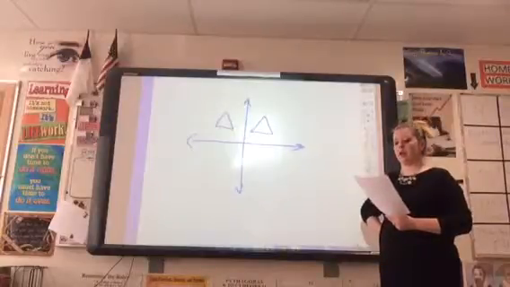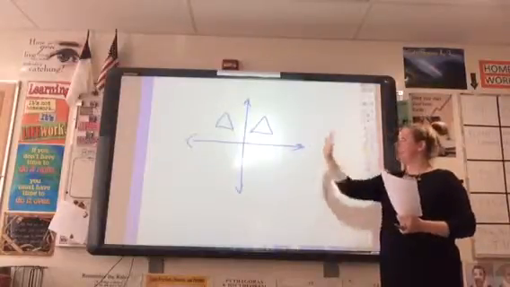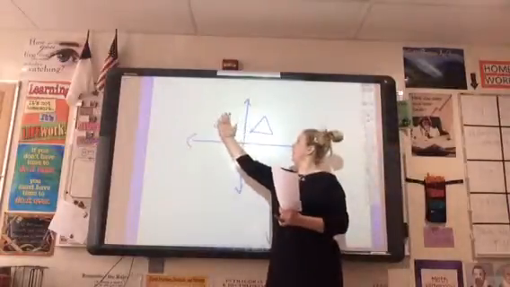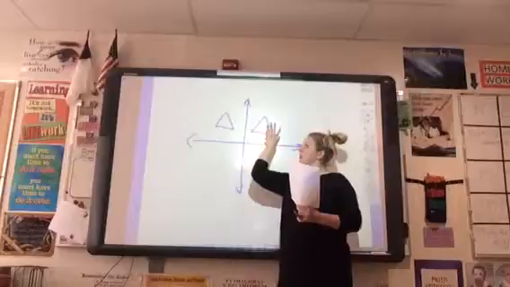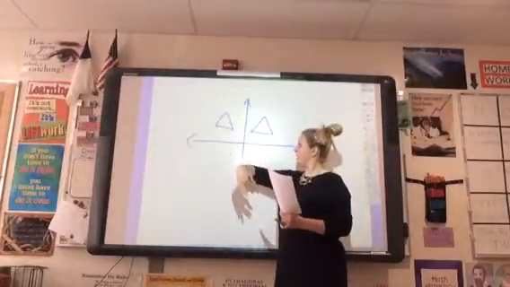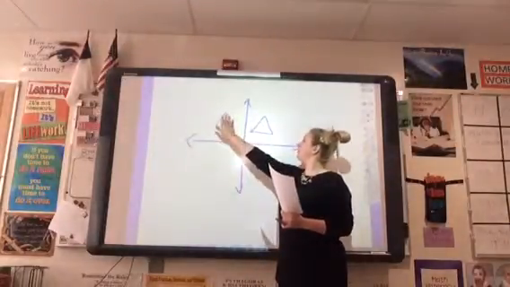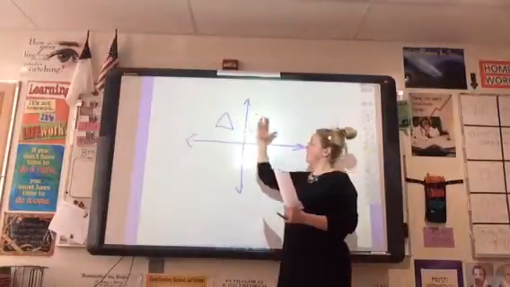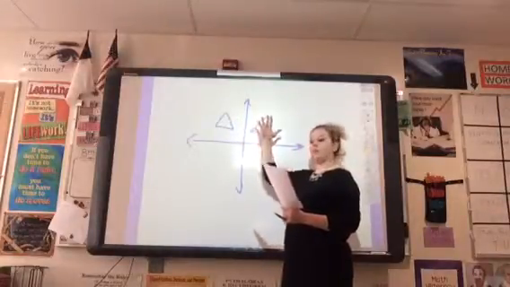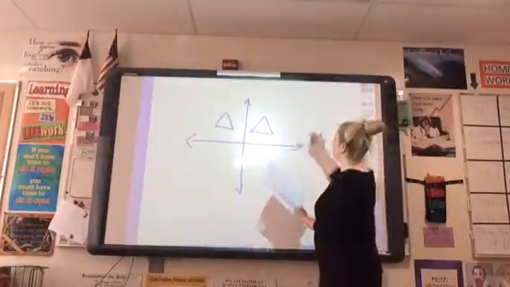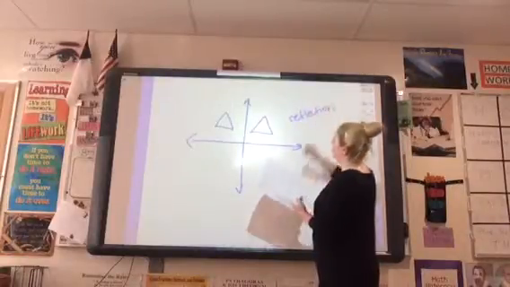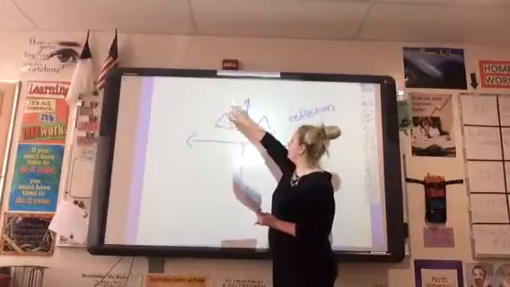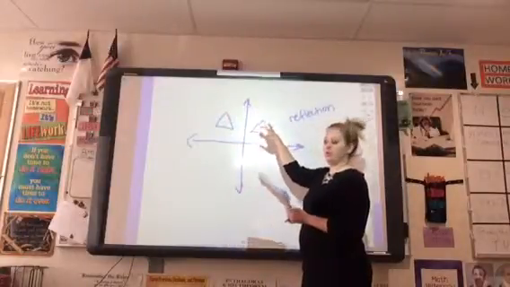Okay, so reflection is when they take the shape and they flip it across either the y-axis or the x-axis. So if I were to flip this shape and bring it over to here, that would actually work. So it could be a reflection. Now, a rotation would mean that I would be moving it circular, so that really wouldn't work for a rotation.